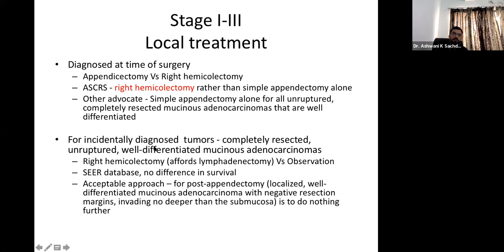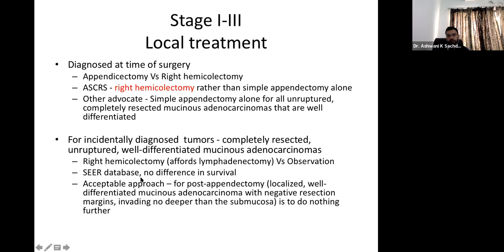For those who are incidentally diagnosed, those patients who have completely resected, unruptured, well differentiated mucinous adenocarcinoma diagnosed after appendicectomy, whether to go for right hemicolectomy again or observation. One group suggests right hemicolectomy because it offers lymphadenectomy, and other groups suggest only observation.